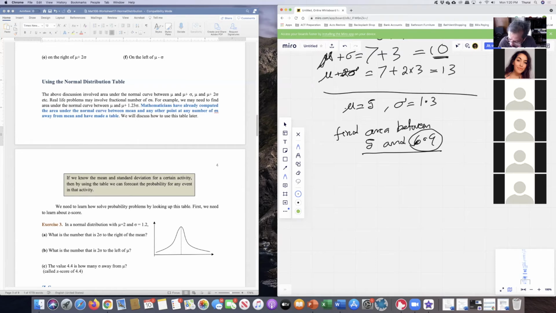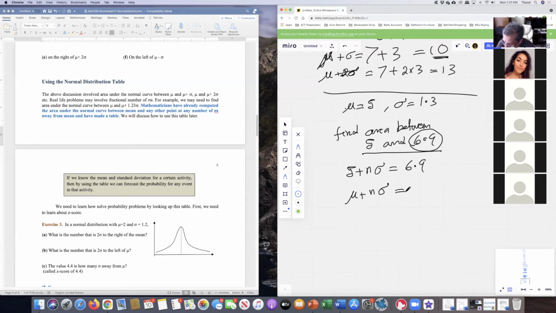Okay, so that means 5 plus n sigma equal to 6.9. Mathematically, if you want to find it, this is what you will write. So I'm going to write that in a more general format. Mu plus n sigma equal to the given number.